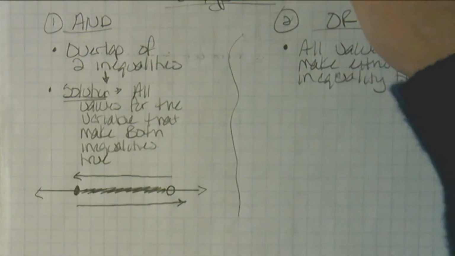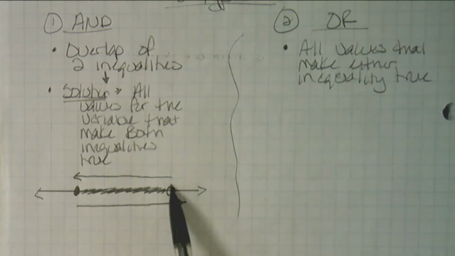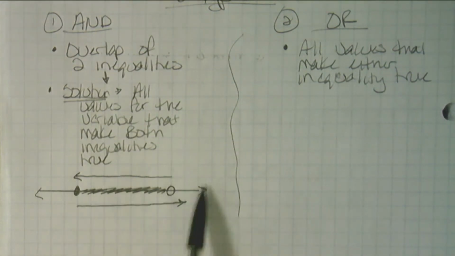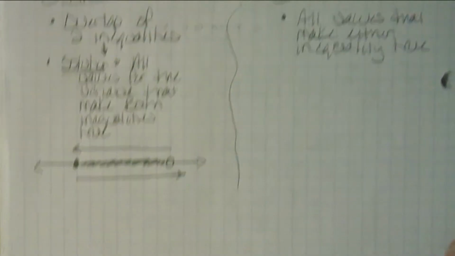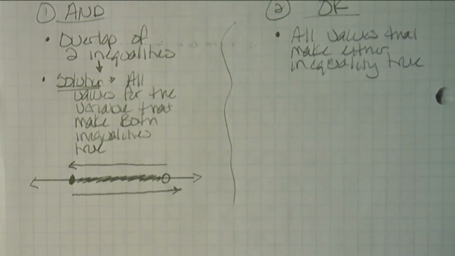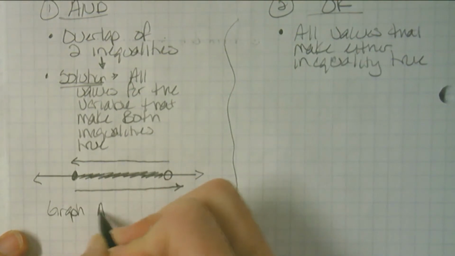So that's typically what an and looks like. We have one inequality solution going to the left, we have another going to the right, and from a graphing perspective, it's where they overlap. So this is what a graph of an and looks like.